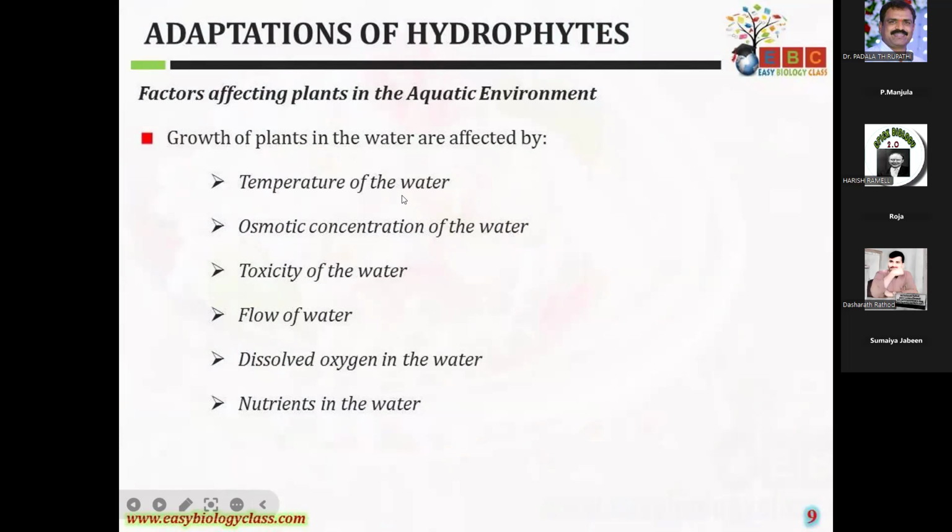The temperature and osmotic concentration of water bodies may vary, as do toxicity, flow of water, dissolved oxygen, and nutrients present in the water. So the growth of the plant can be affected by temperature, osmotic concentration, toxicity, flow of water, dissolved oxygen, and nutrients.